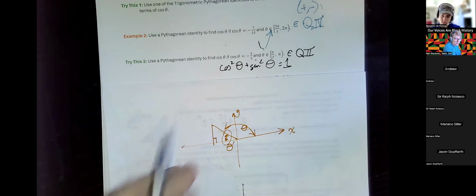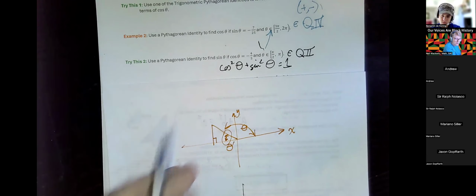And theta prime is the reference angle for theta. In other words, it's the smallest angle we can draw that starts at an x-axis and goes to the hypotenuse.